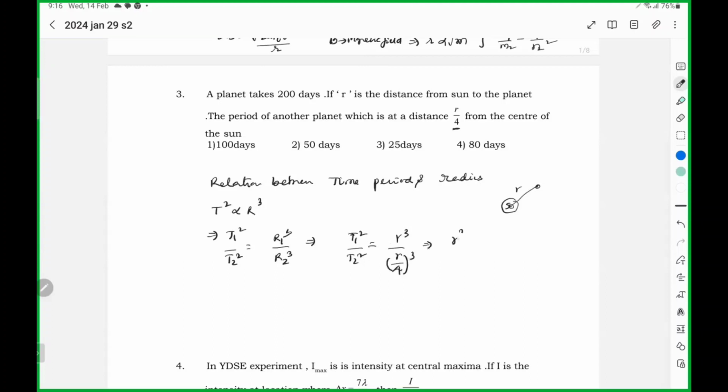So R cube by R cube over 64. So T1 by T2 is 8. So for a first planet it took 200 days. For second planet it will take only 25 days.